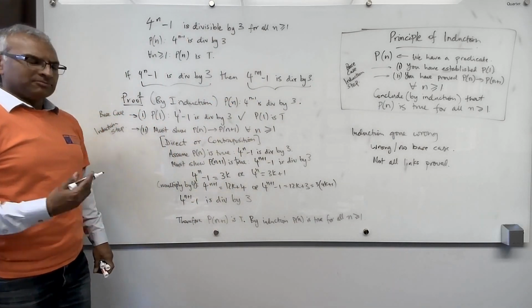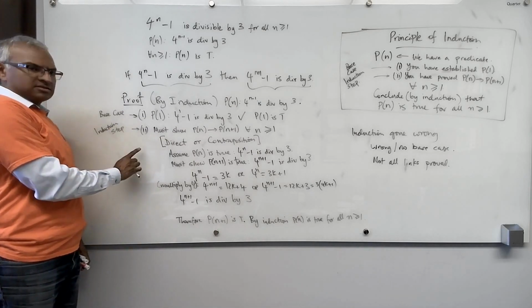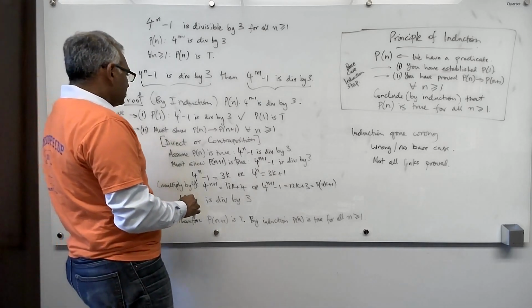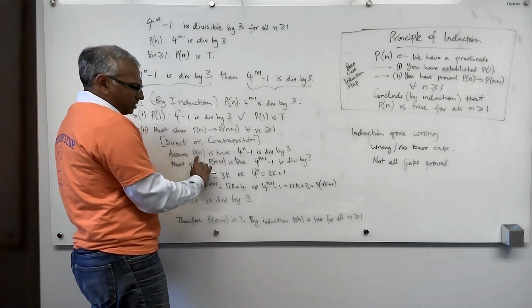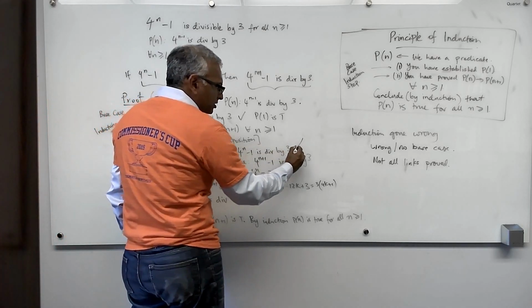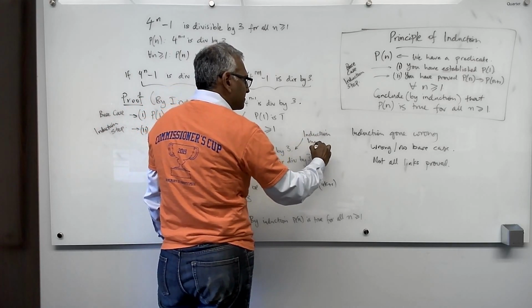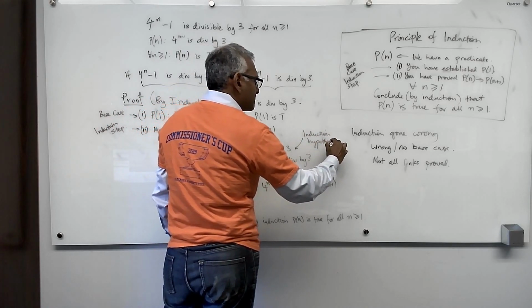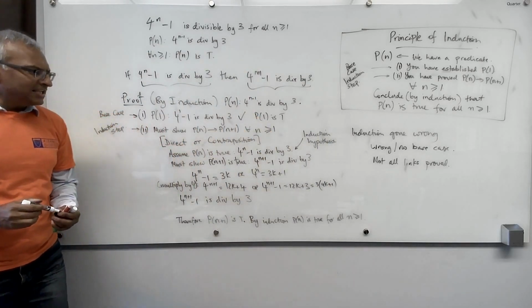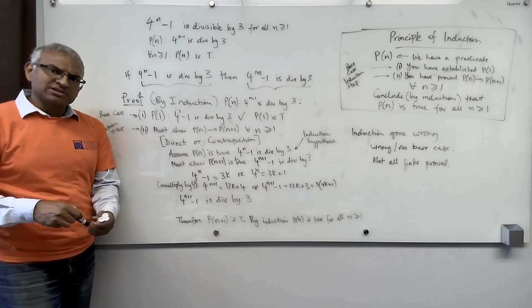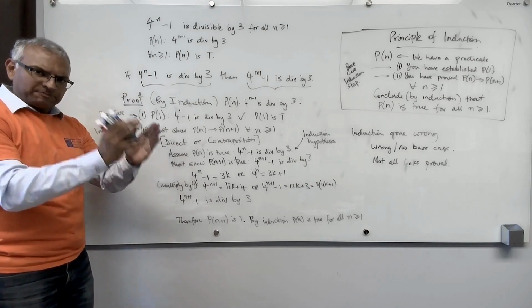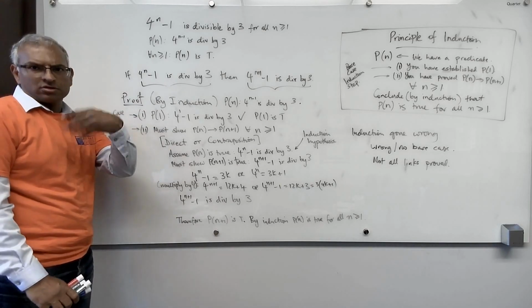Okay, now some notation. So this is the base case, this is the induction step, and typically this assumption that we make that P of n is true, this is sometimes called the induction hypothesis. Okay. So in any induction proof, and we're going to see more examples, it is absolutely necessary to have the base case. If not, your proof has gone wrong.